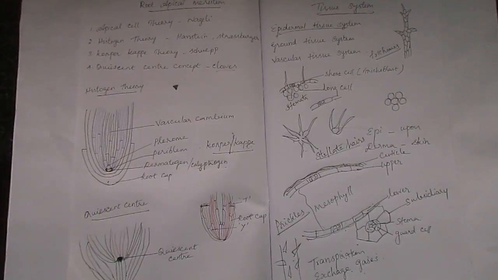Stomata are involved in transpiration and gaseous exchange. The trichomes help in dispersal of fruits and seeds, and also provide protection against animals. Prickles also provide protection against animals, and they also check excessive transpiration.